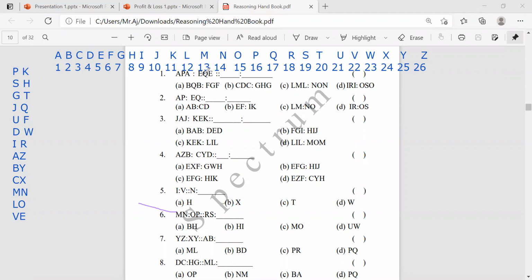M13, N14 actually. Then 15, then 16. Then here 18, 19.